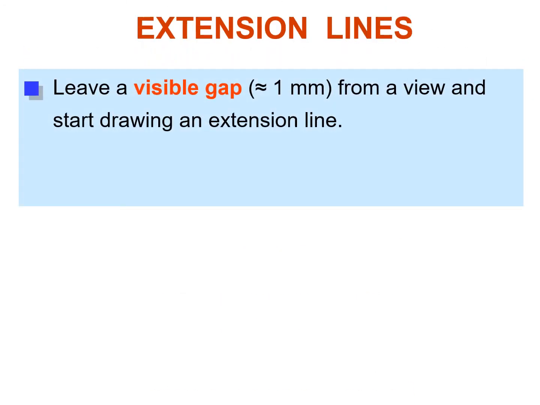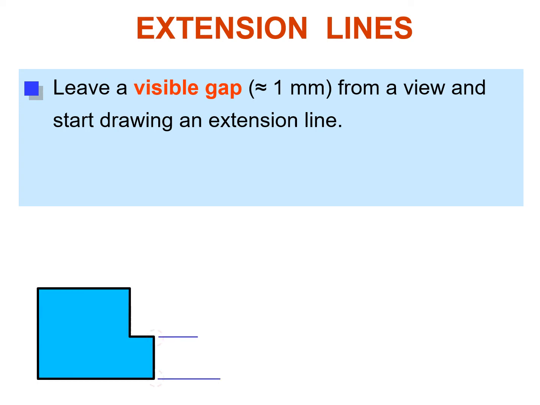Then these are the extension lines, and an extension line should have a visible gap from the object that is drawn near. As you can see, these are the extension lines, and there are these gaps that we leave because the outline or the object line represents the boundary of your object. So there should be this visible gap so that you cannot confuse it for a feature of an object.